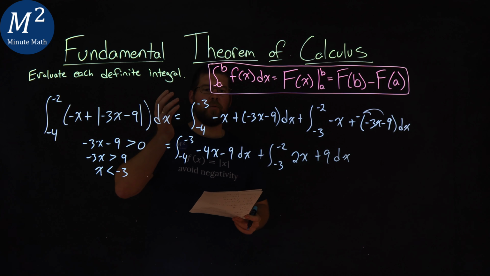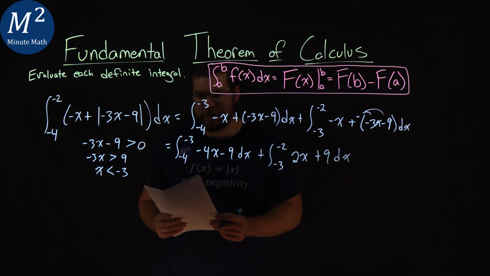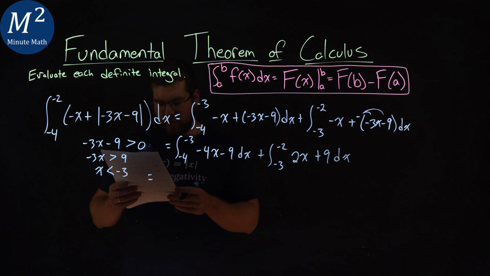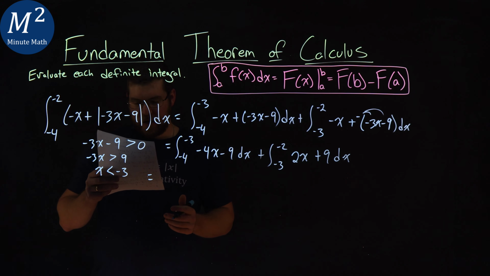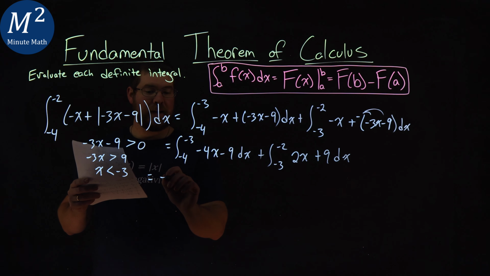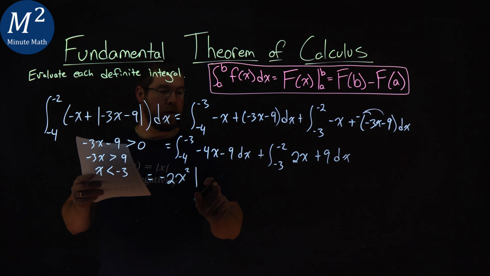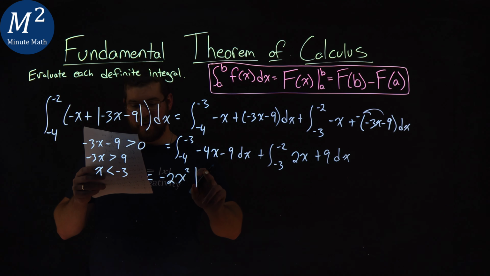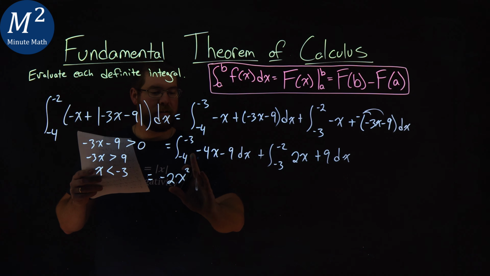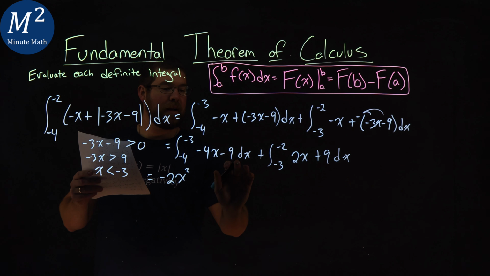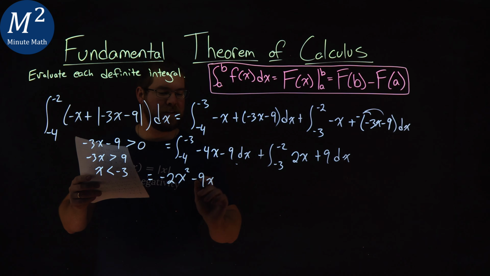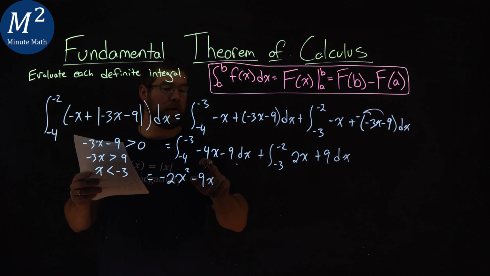At this point, we'll just apply the fundamental theorem of calculus. So, we want to find the integral of negative 4x minus 9 dx. That comes out to be a negative 2x squared, oh, I forgot, minus the 9, minus 9x. I almost forgot the second part. So the integral of negative 4x minus 9 is negative 2x squared minus 9x.